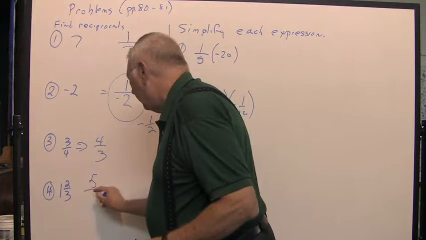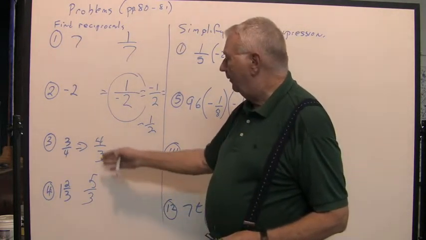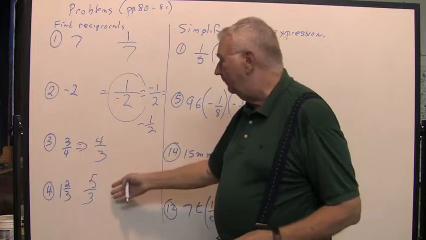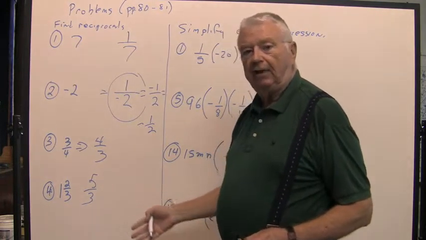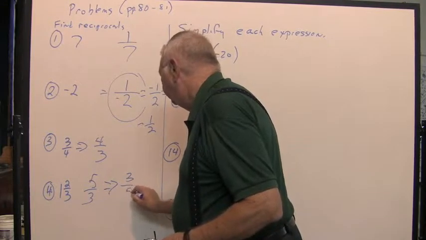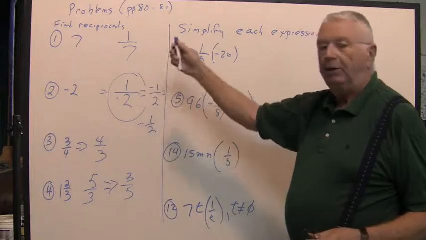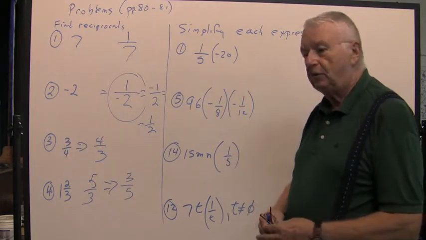So that would be 5/3 would be the improper fraction. And now it falls back to this case here, where the reciprocal of 5/3 is going to be 3/5. So those are some general cases that we would see in terms of finding reciprocals.